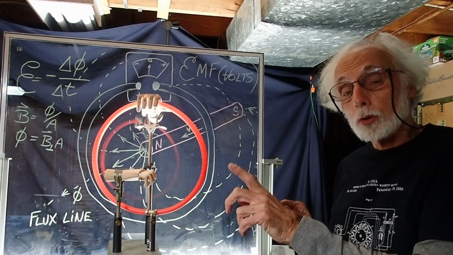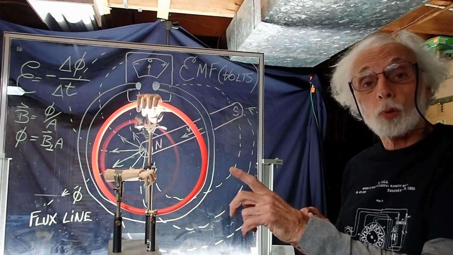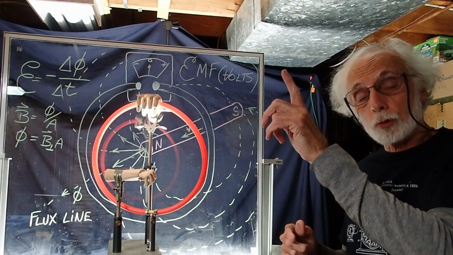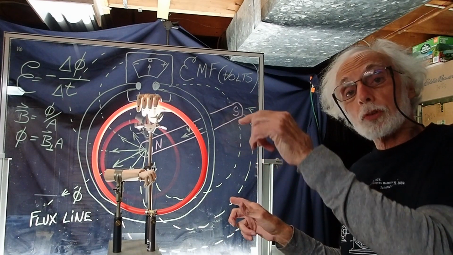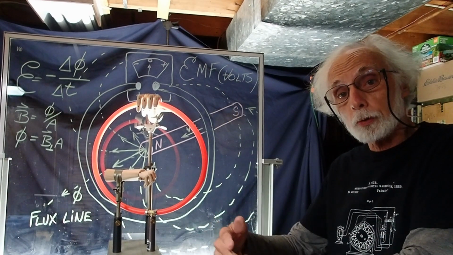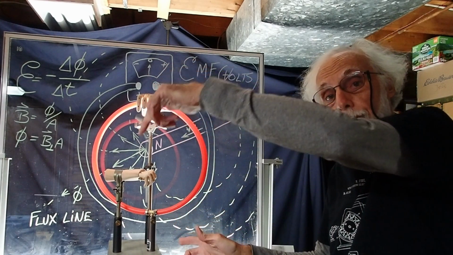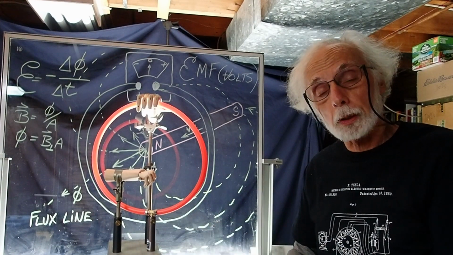But we now know that a changing electric field produces a changing magnetic field at right angles to it. And so there's a magnetic field. The electric field changes, the magnetic field changes. When the magnetic field changes, it produces an electric field, which produces a magnetic field, which produces an electric field, which produces a magnetic field, which produces an electric. This is why light can travel in space.